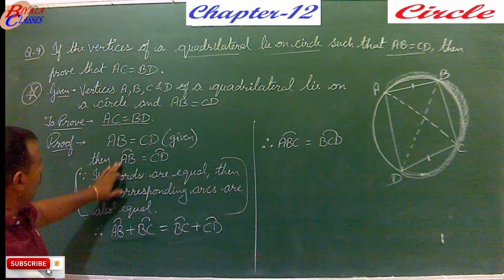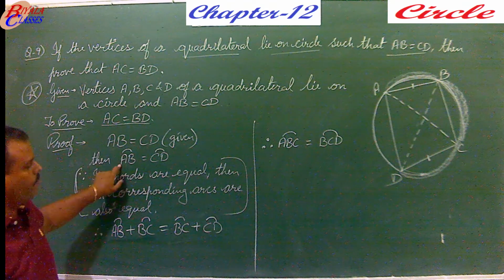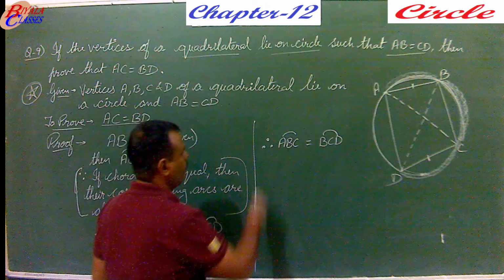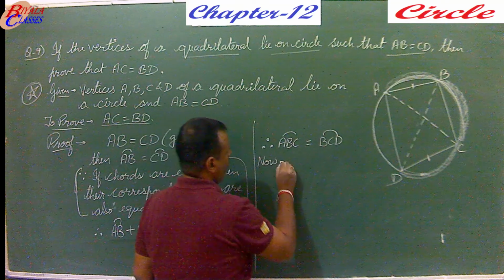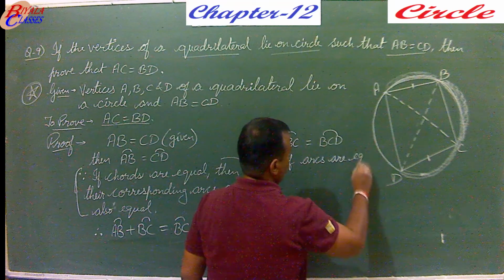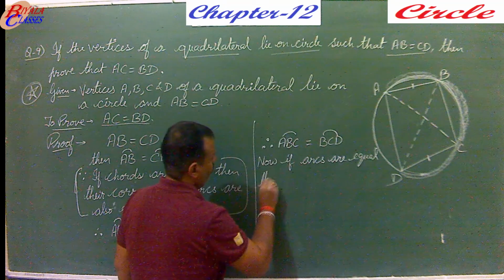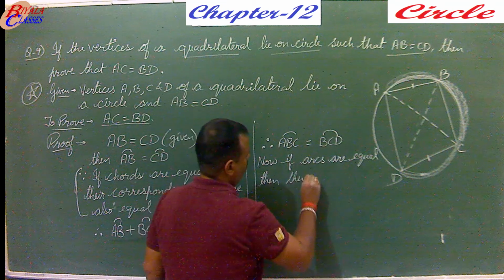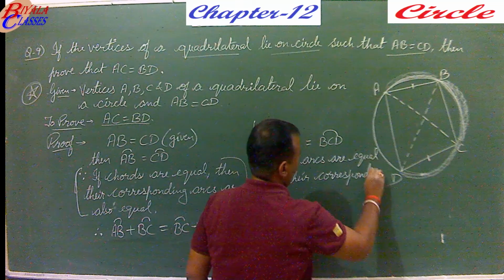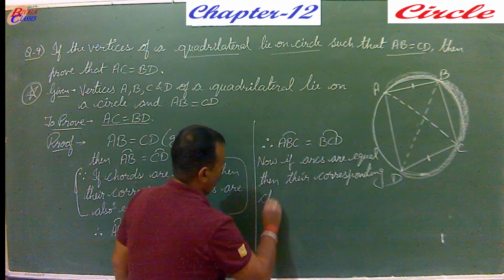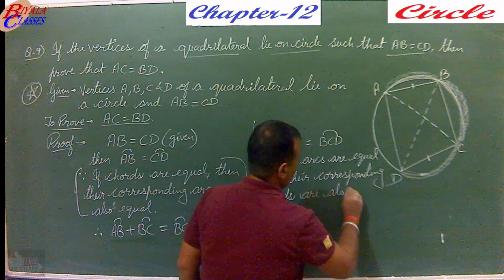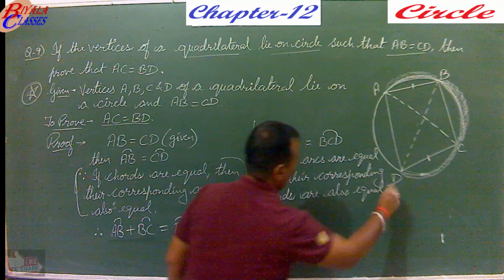Now here we said that if chords are equal, then their corresponding arcs are equal. The opposite will also be true.